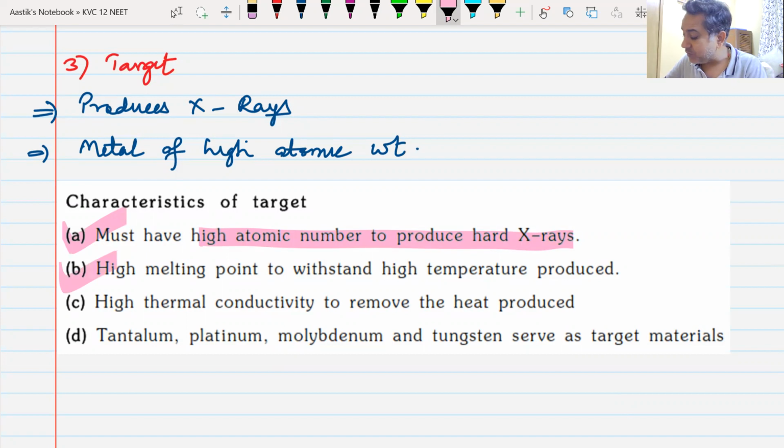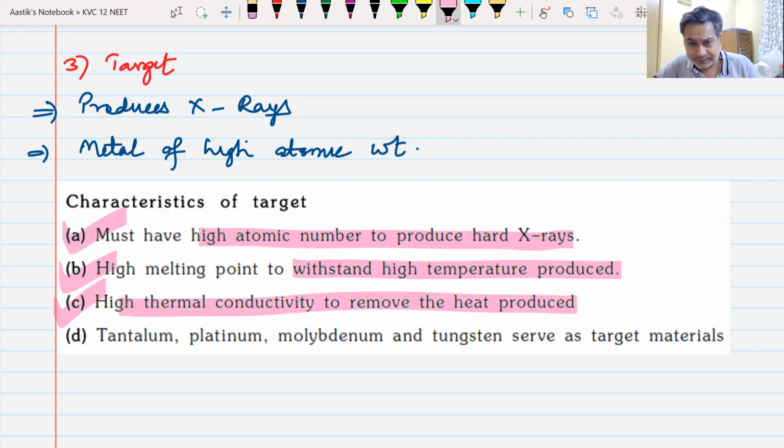It must have a high melting point to withstand the high temperature produced. When these electrons hit the target, the temperature rises because the metal absorbs a lot of energy. If the metal does not have a high melting point, it will melt and we don't want this. It must have high thermal conductivity to remove the heat produced. A lot of heat would be produced, so it must have high conductivity so that you can remove that heat.